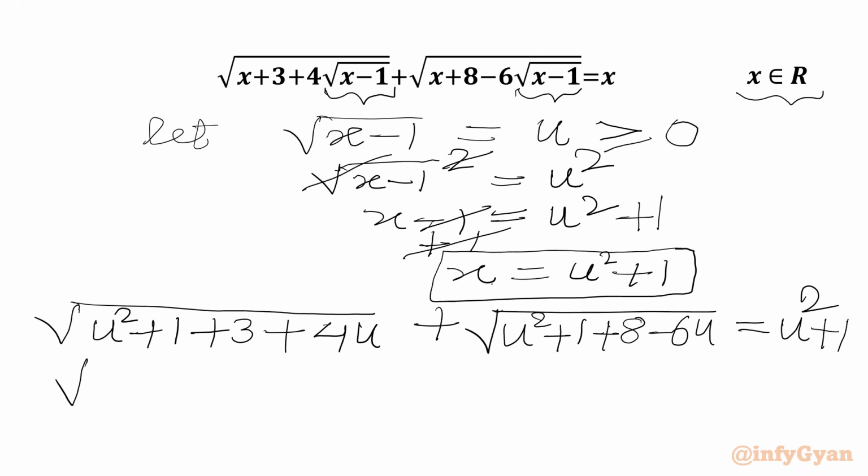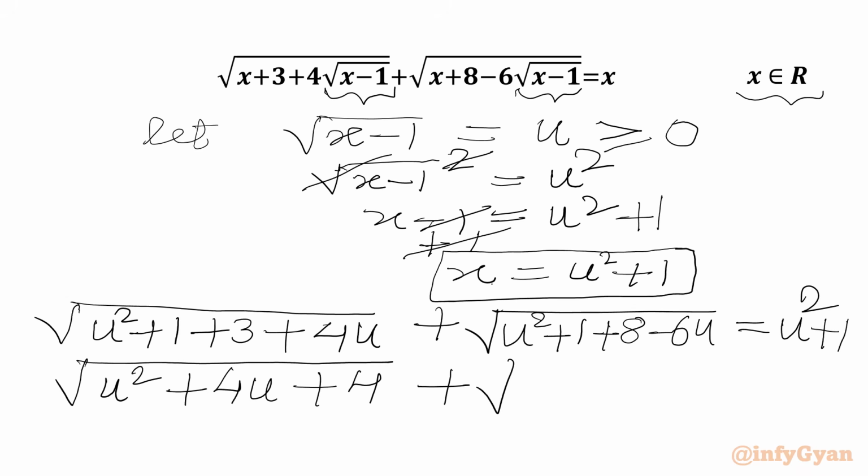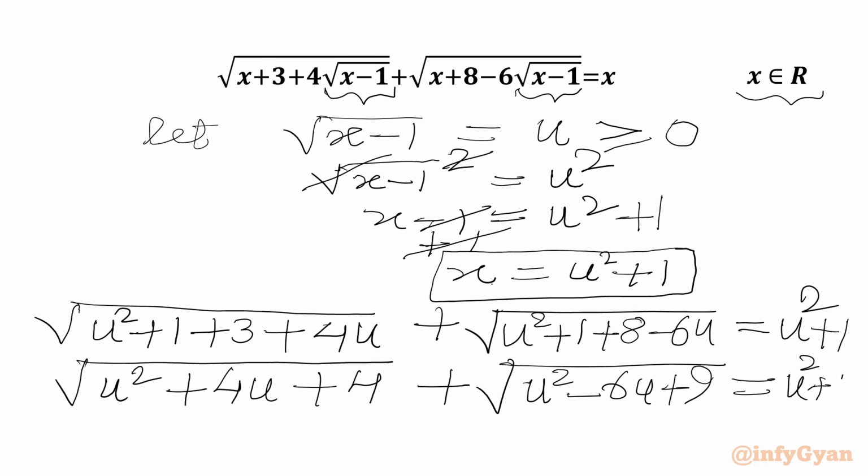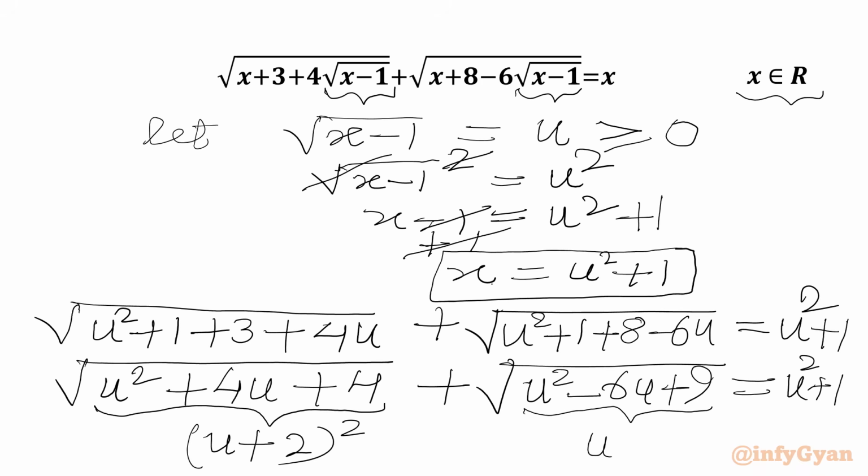Now we'll simplify and write square root of u square plus 4u plus 4, plus the square root of u square minus 6u plus 9, equal to u square plus 1. Now u square plus 4u plus 4 is (u plus 2) whole square, and u square minus 6u plus 9 is (u minus 3) whole square.